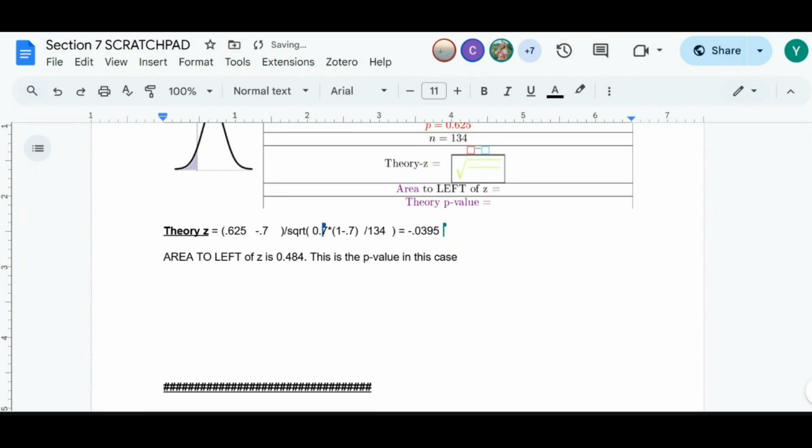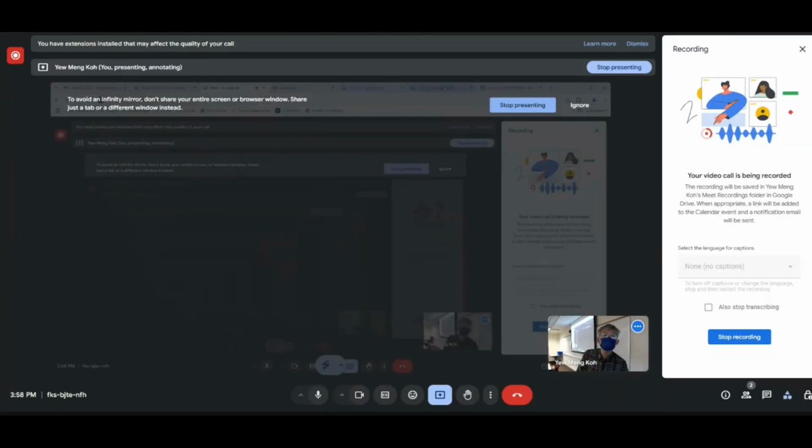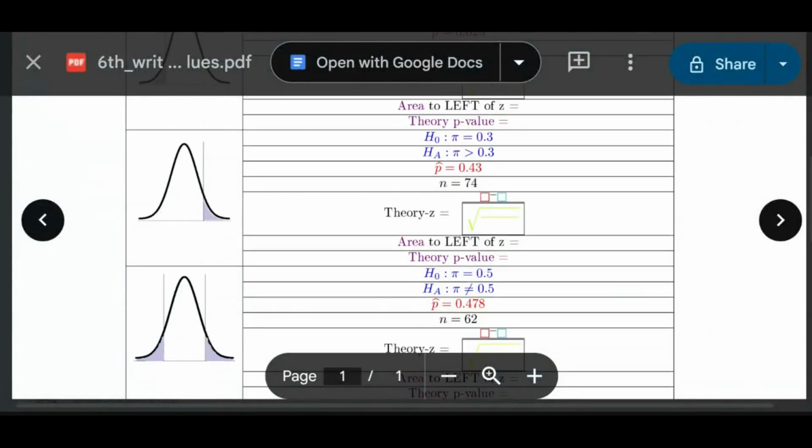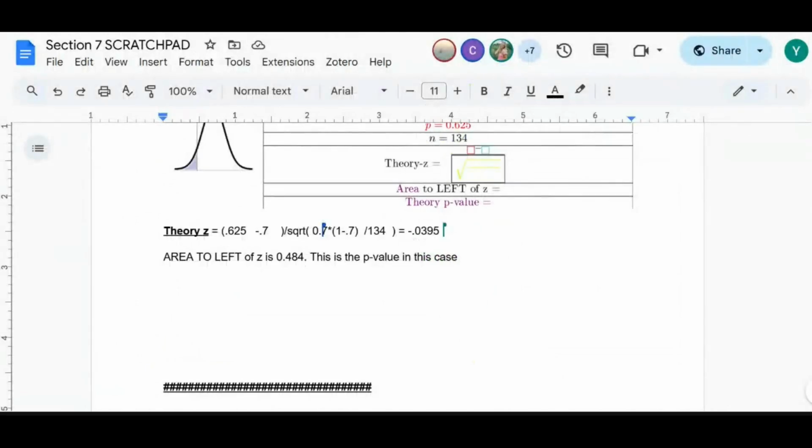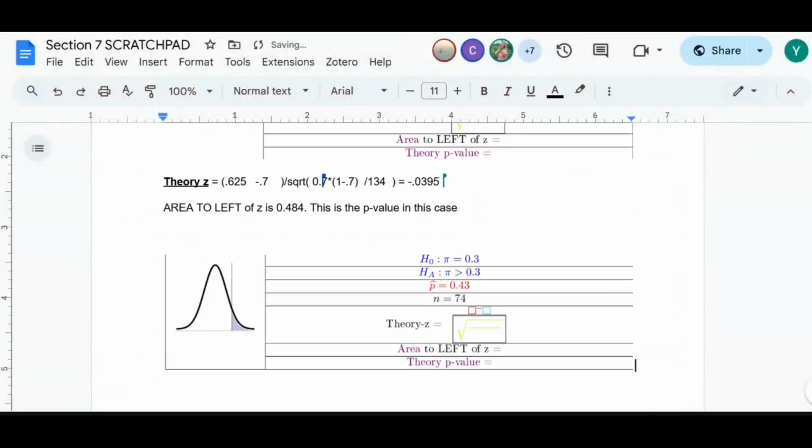The other problem I have is, oops, hold on. Okay, this one. Let me get a screenshot of this and put it on here. Okay. Can I have you please start to fill this in so we can compare together?